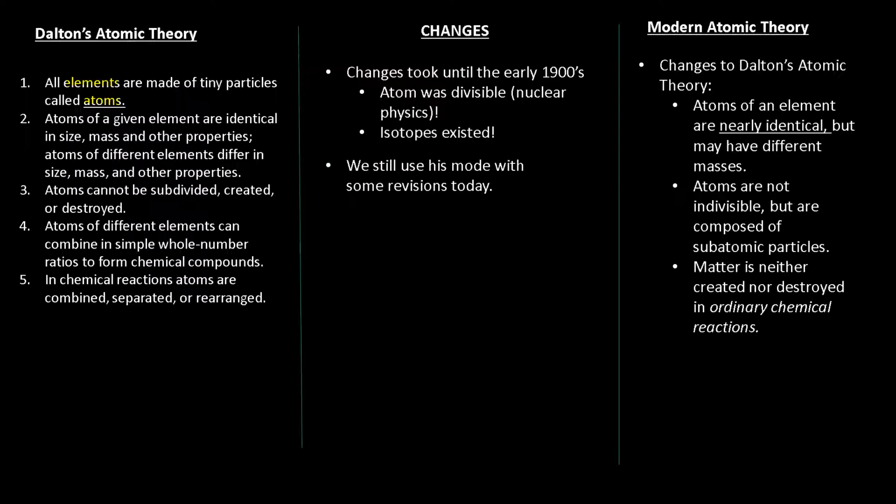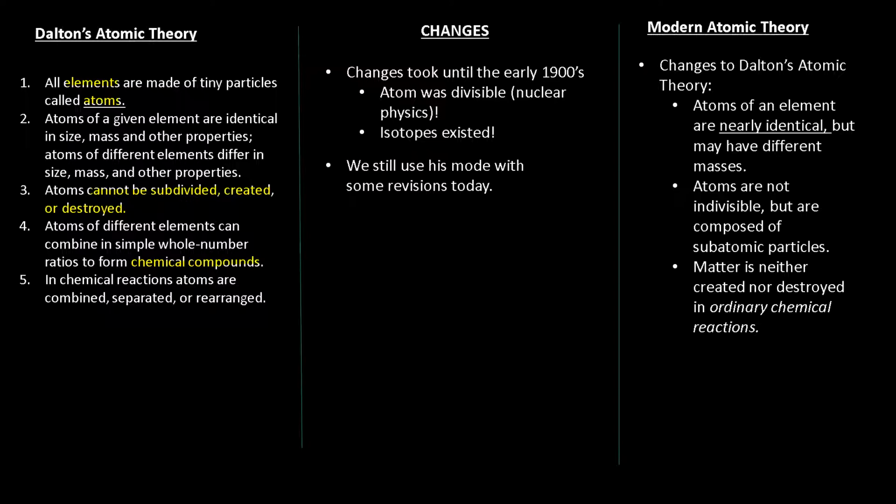He also says that atoms cannot be subdivided, created, or destroyed, and atoms of different elements can combine in simple whole number ratios to form chemical compounds. And in chemical reactions, atoms are combined, separated, or rearranged, and that's where the law of conservation of mass comes in.